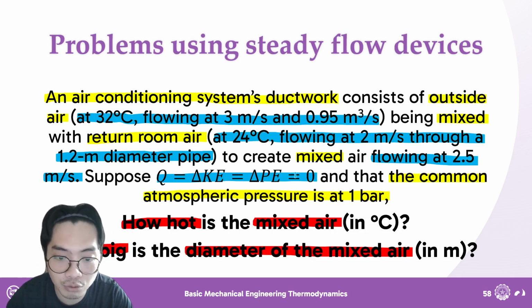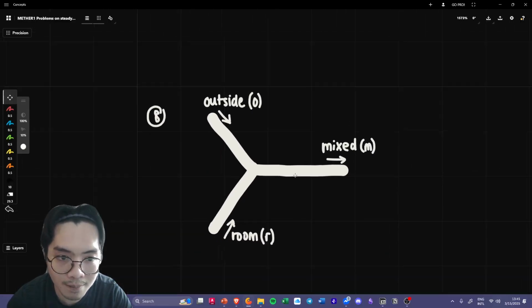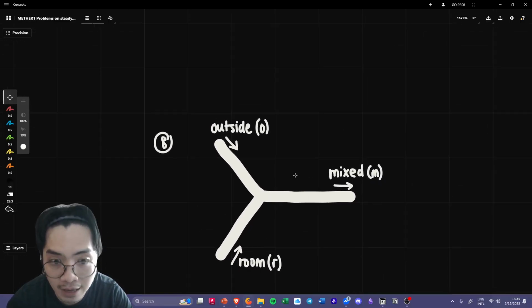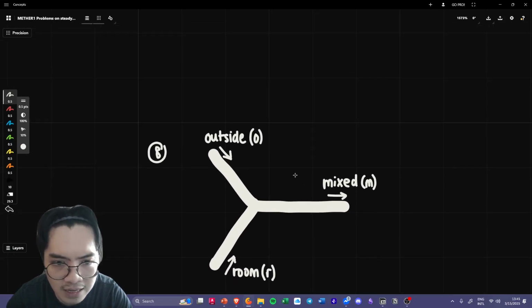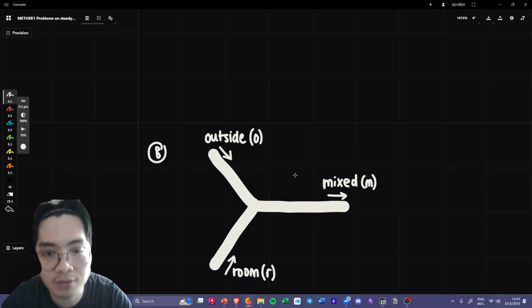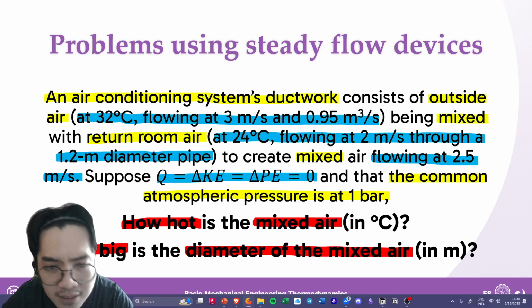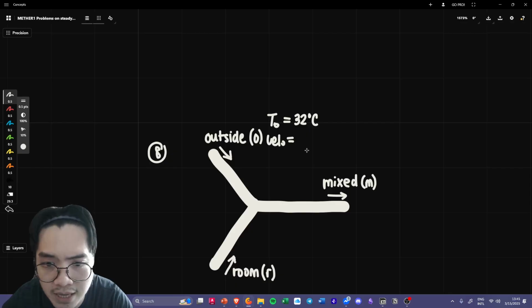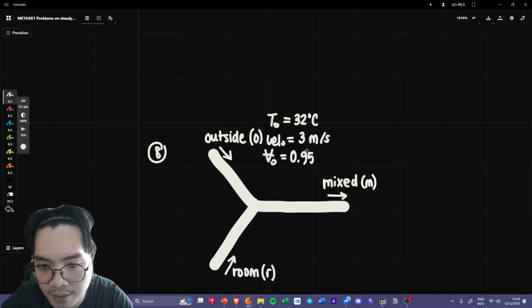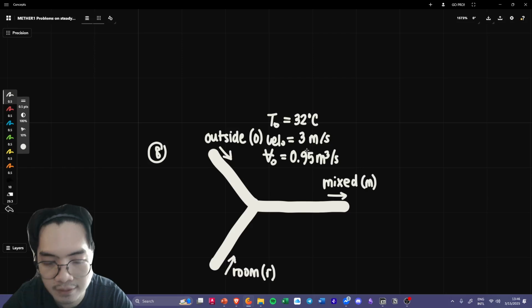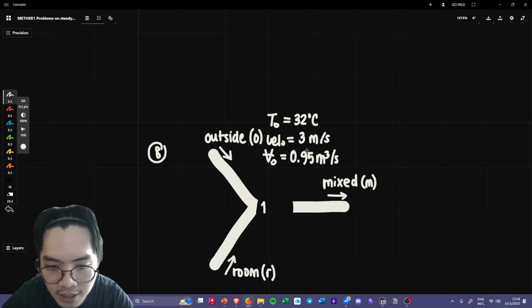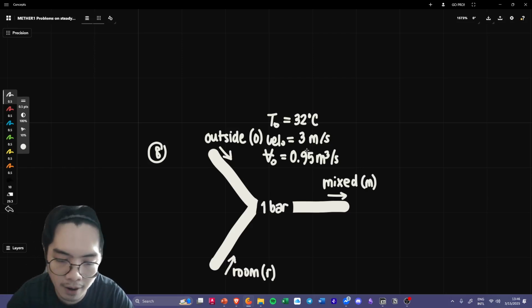Anyway, enough of the discussion. Now we go into the actual problem. Let's just state here everything that we know. Outside air is going at 32 degrees Celsius. The velocity of the outside air is 3 meters per second, and its volume flow rate is 0.95 meter cubed per second. Everything here is at 1 bar.